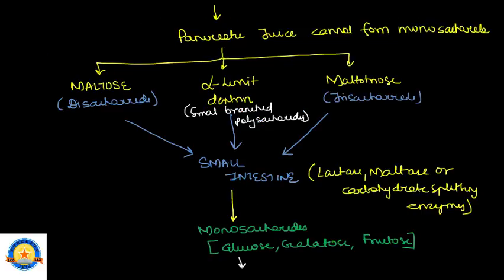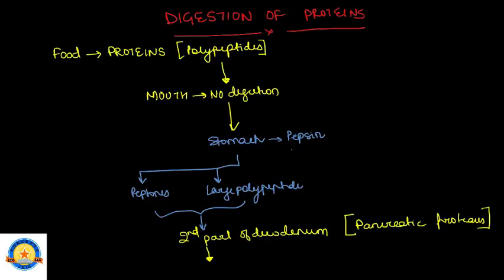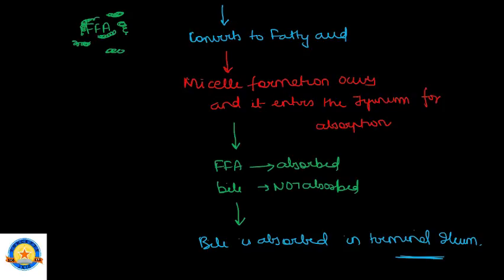Then we dealt with absorption of carbohydrates, then we saw digestion of proteins, digestion of fat, and that way we have completed the chapter GIT.